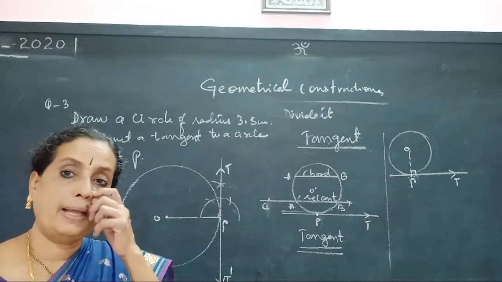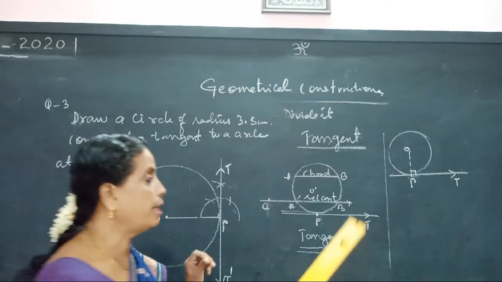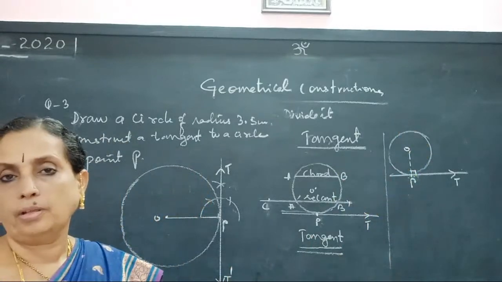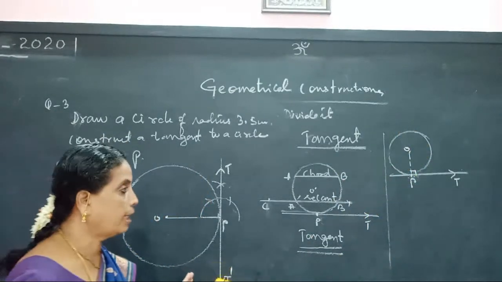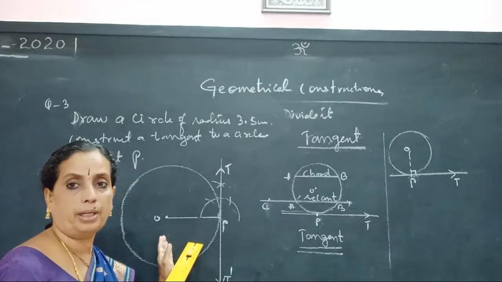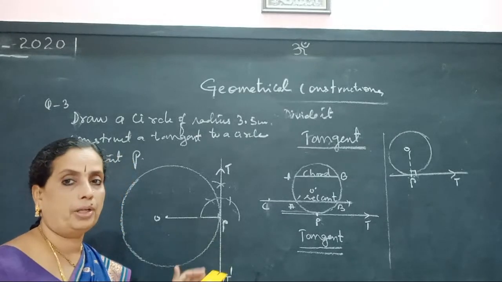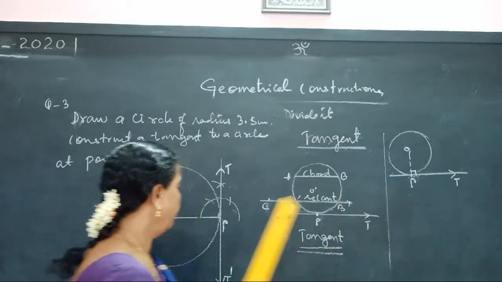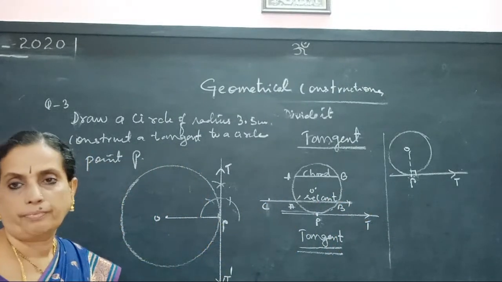Conversely, if a line is perpendicular to the radius drawn, that line must be a tangent. If it is a tangent, it must be perpendicular; if it is perpendicular, it must be a tangent. So based on this property, we constructed this.